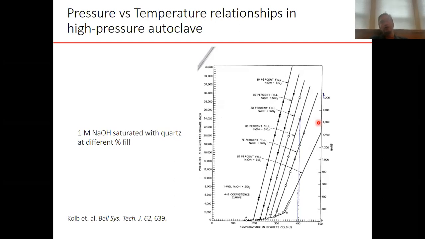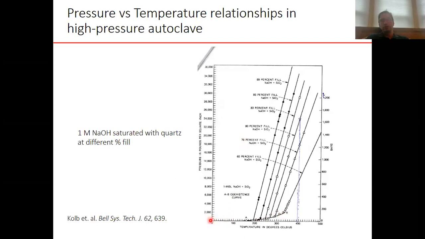For instance, a 65% fill rate means that at room temperature, 65% of the internal volume of the autoclave is filled with the mineralizing liquid. 75% means that three quarters of the autoclave is filled with mineralizer and so forth. We see here how the pressure increases as a function of the temperature for these different fill rates.